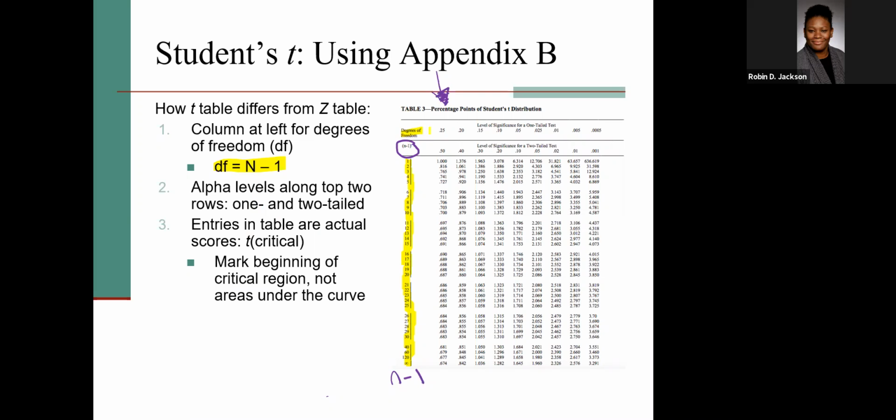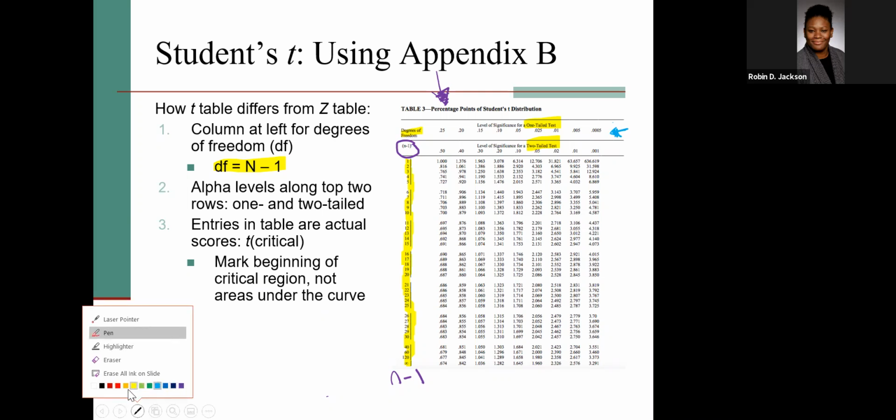So then up here, this is where you need to figure out, are you dealing with a one-tailed test or a two-tailed test? The one-tailed test, that's this top row. All right. That is the top row. Let me change that color. So this right here, where I'm drawing this blue arrow, that is your one-tailed test.